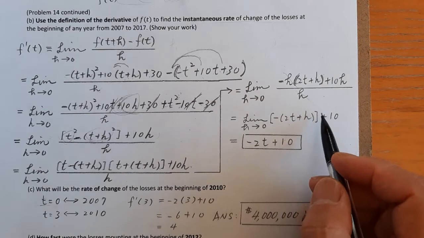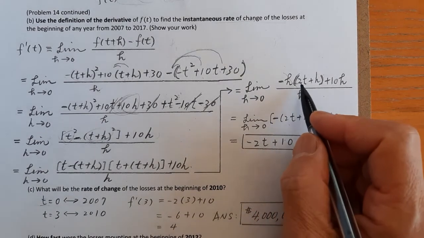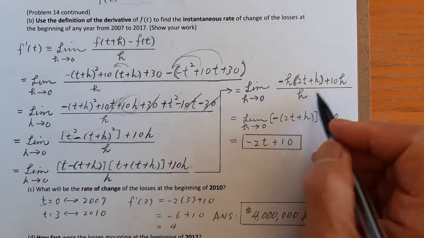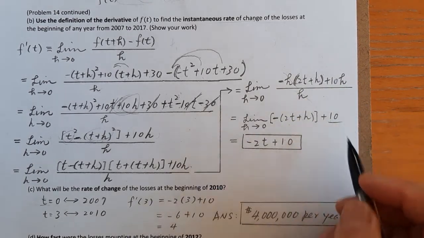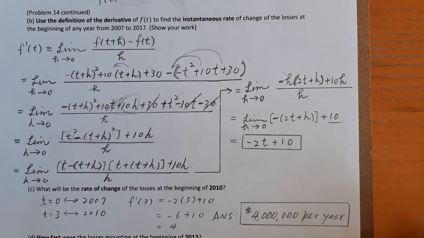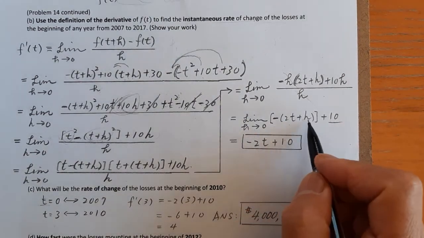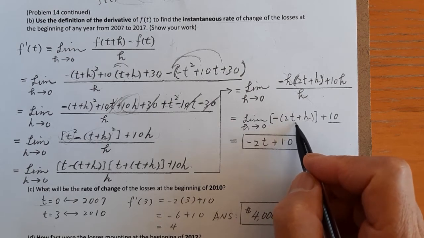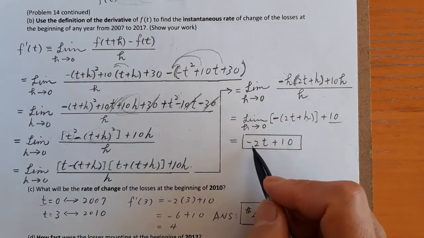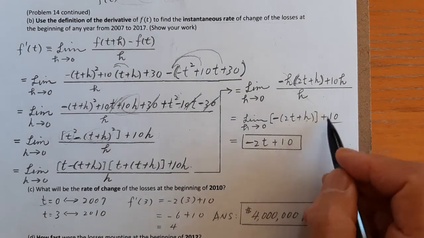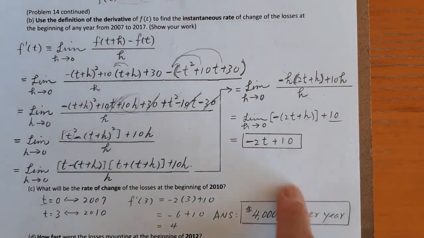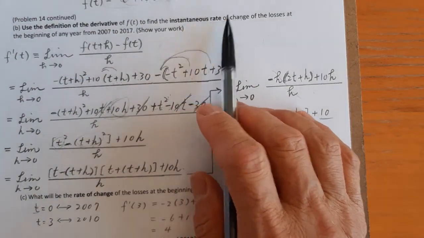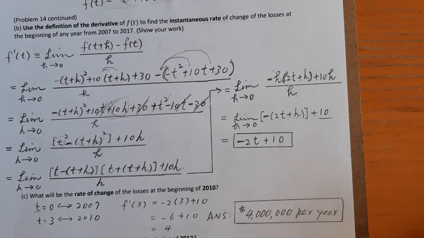This h cancels and what remains is negative 2t plus h. And then 10h divided by h cancels, remaining 10. Then plug in h equals 0. So 2t plus 0 is 2t, and in front there is a negative sign. So it's negative 2t plus 10. That's the instantaneous rate of change at any point.